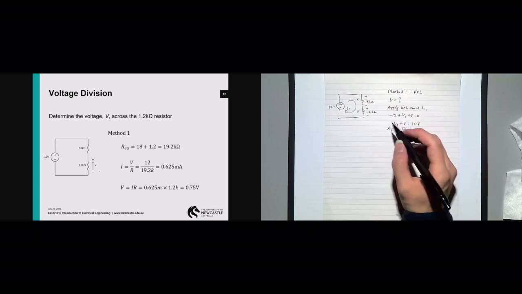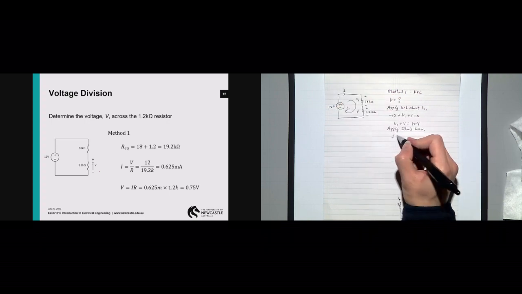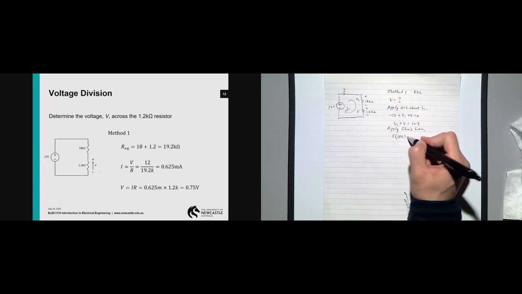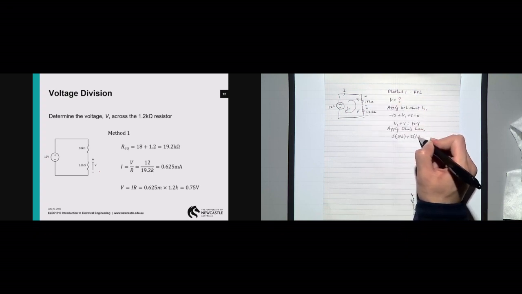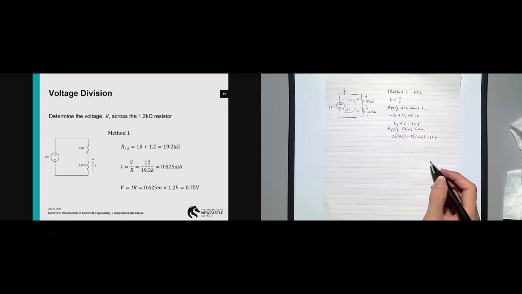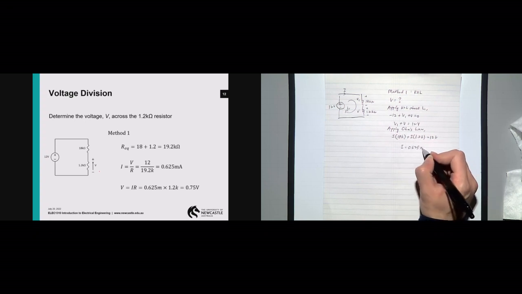I need to label my I as well. I have I multiplied by my 18 kilo ohm plus I multiplied by my 1.2 kilo ohm equals to 12, right? So this allows me to find I, which is equals to 0.625 milliamperes.